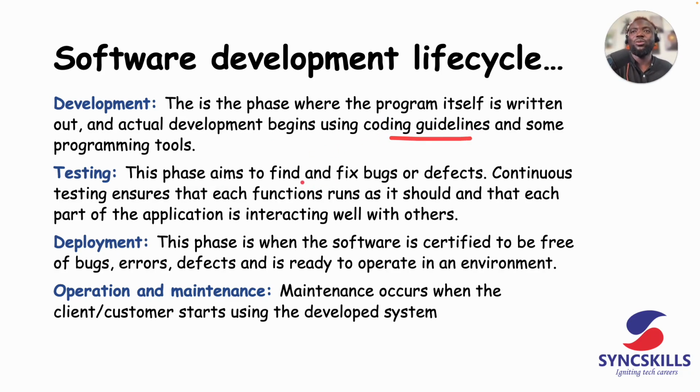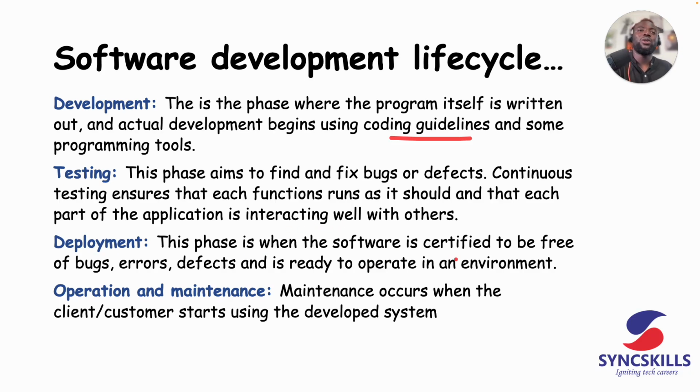Then the testing phase, where we find and fix bugs or defects, making sure that we follow test best practices as well. The program works as it should, it's functional, it is working as a system, right? Not just unit, and it is delivering on the objective of the project.